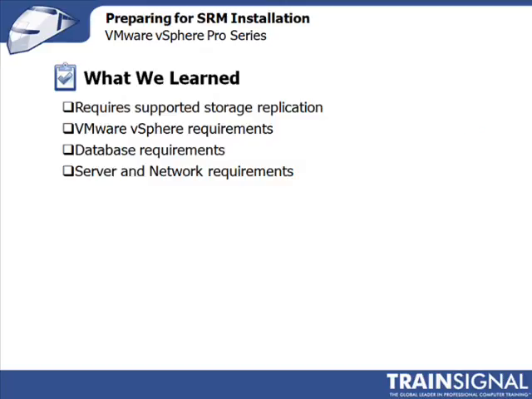What have we learned in today's lesson? Well, we've learned that SRM requires supported storage replication. Without it, there is no SRM functionality. We also learned that VMware vSphere requirements must be met in order to have SRM work properly. SRM works on top of 2 distinct VMware vSphere installations with ESX servers and storage replication underneath that.